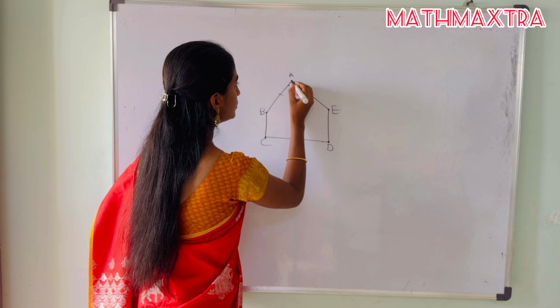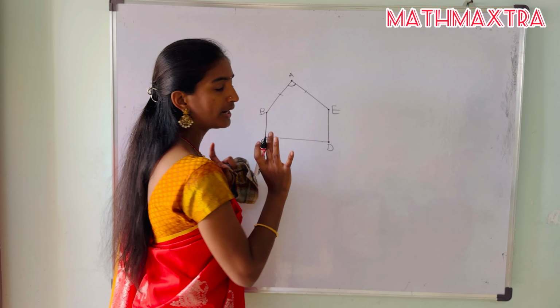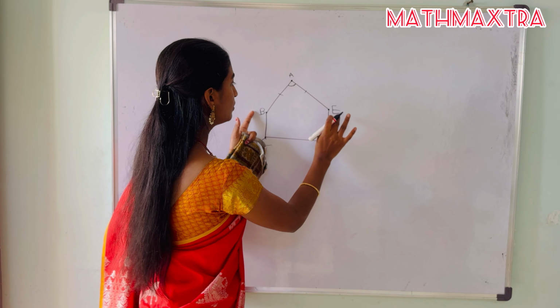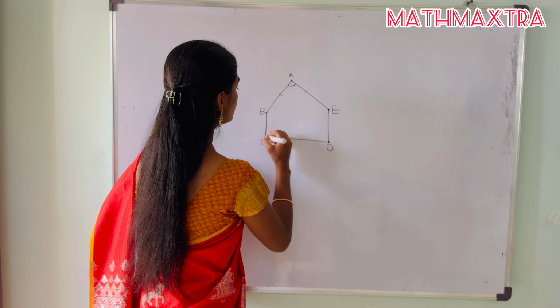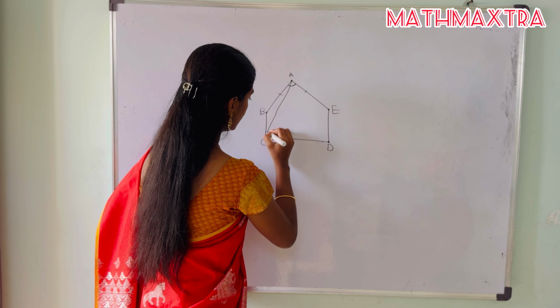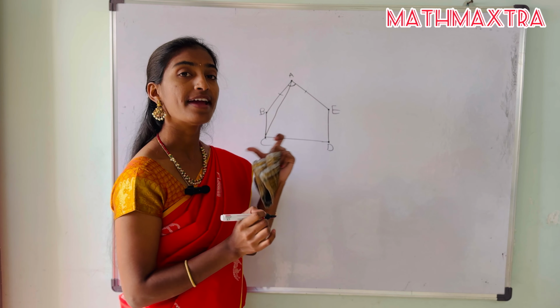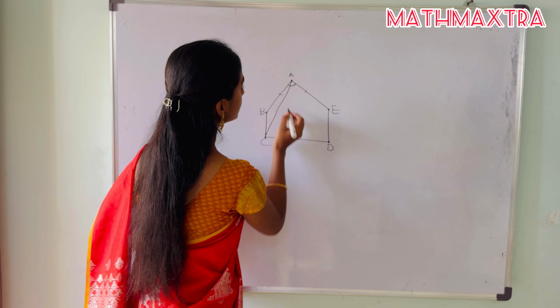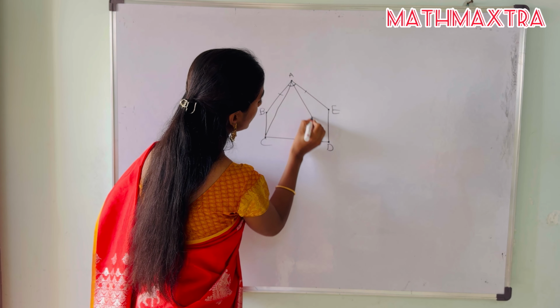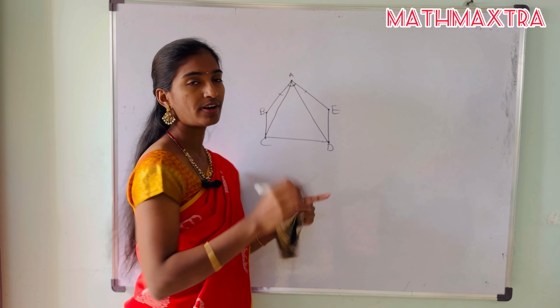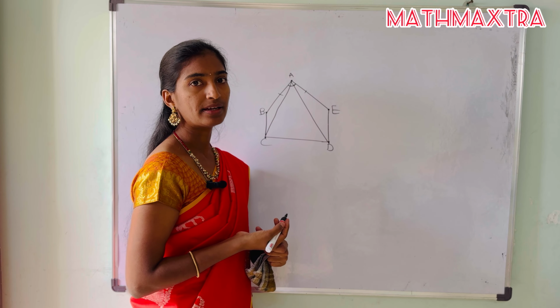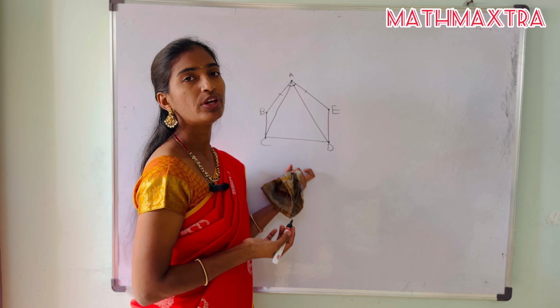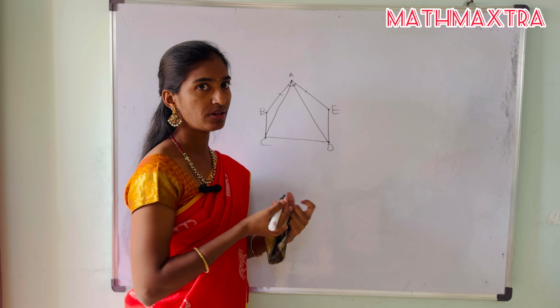If you leave these two adjacent vertices and join these two, this we call a diagonal of a polygon. What about this? If you join this also, this is one more diagonal of a polygon. So this is how we can define a diagonal of a polygon.